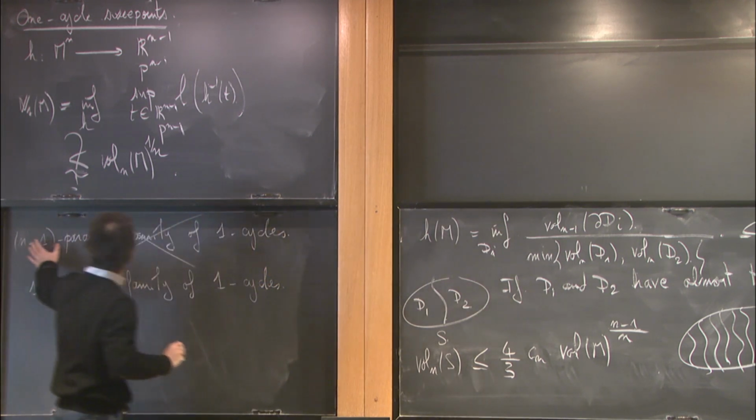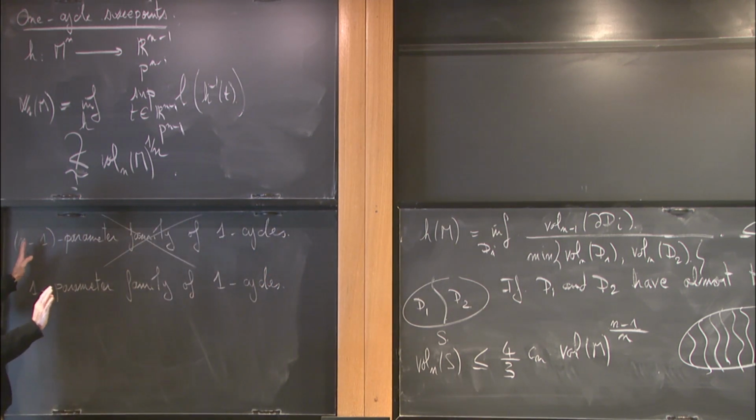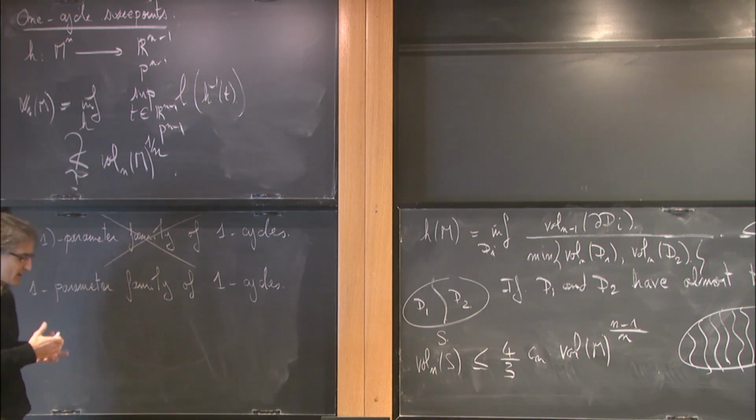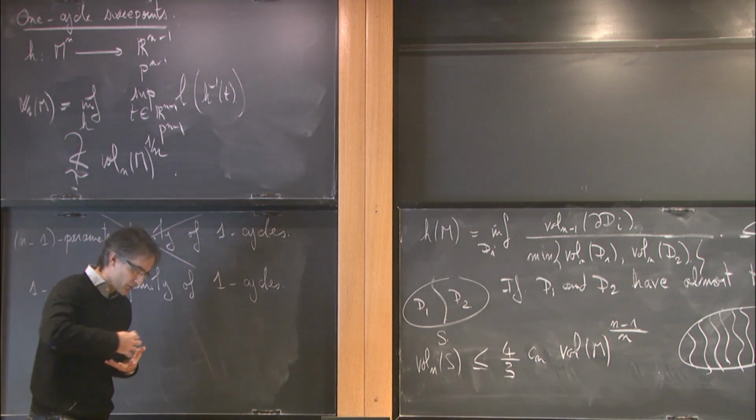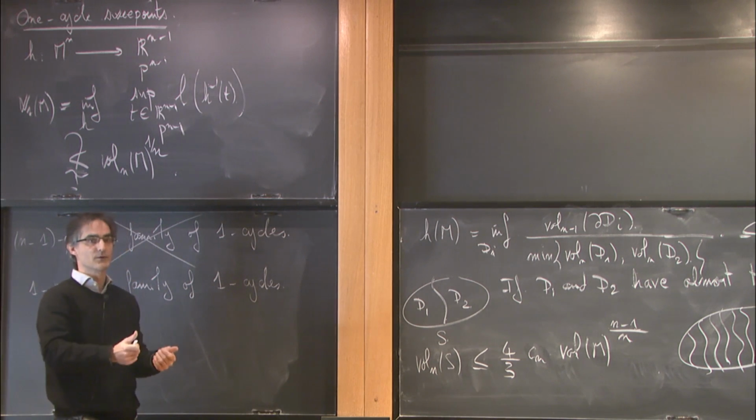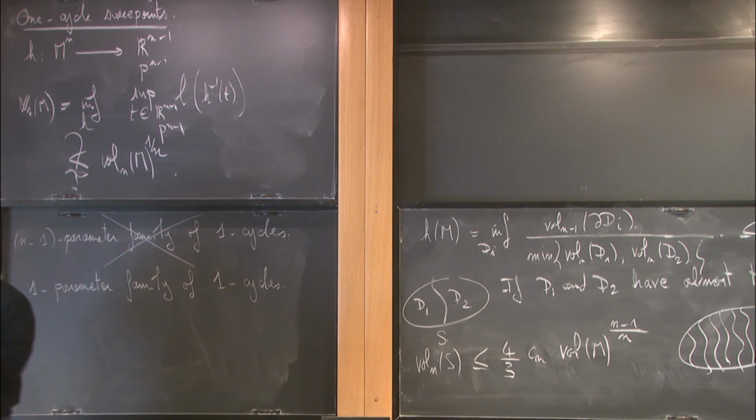So the thing is that this (n-1)-parameter family of one-cycles sweeps out the whole manifold. But now, if you consider only a one-parameter family of one-cycles, it's not going to sweep out the whole manifold if it's in higher dimension.